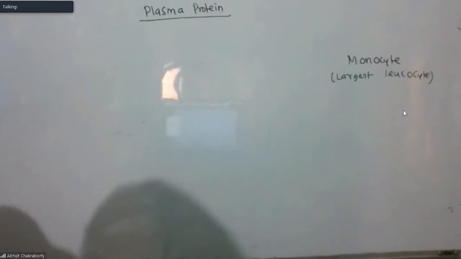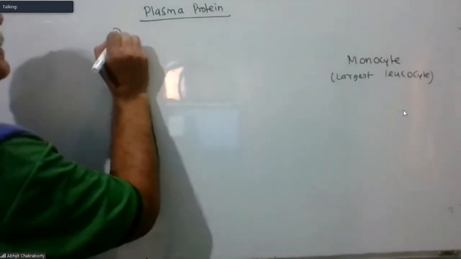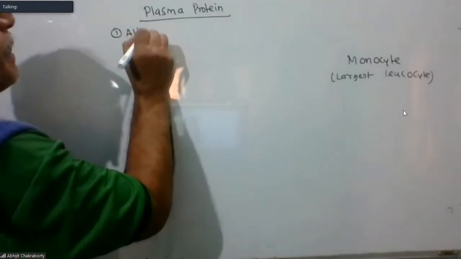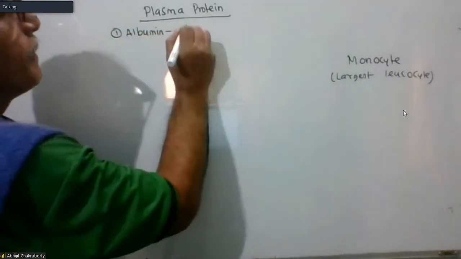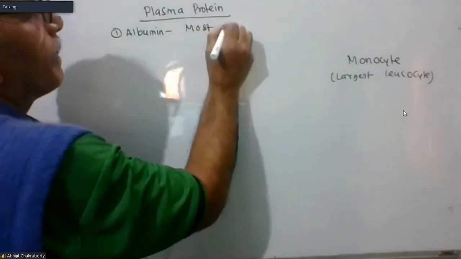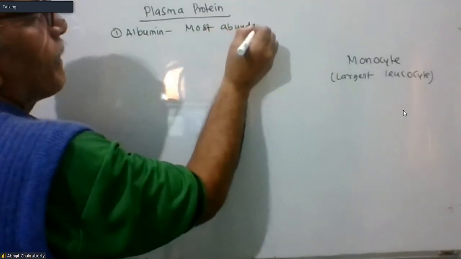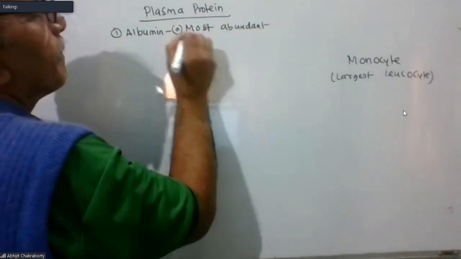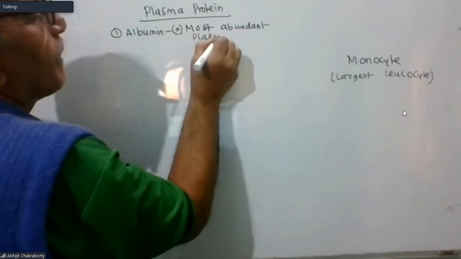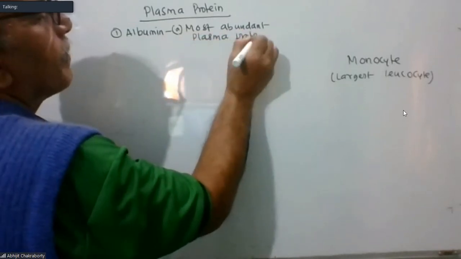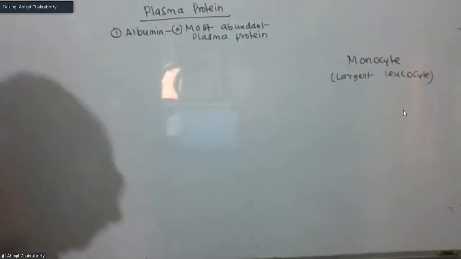First of all, the plasma protein albumin. This is the most abundant plasma protein.